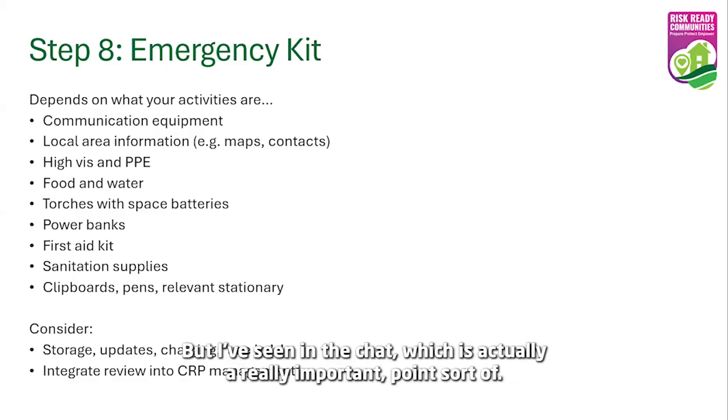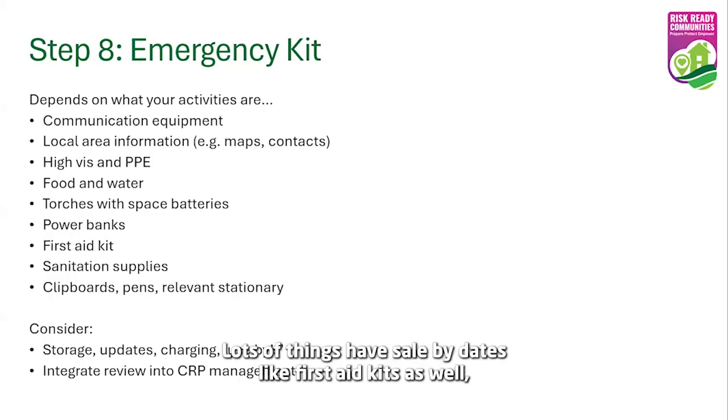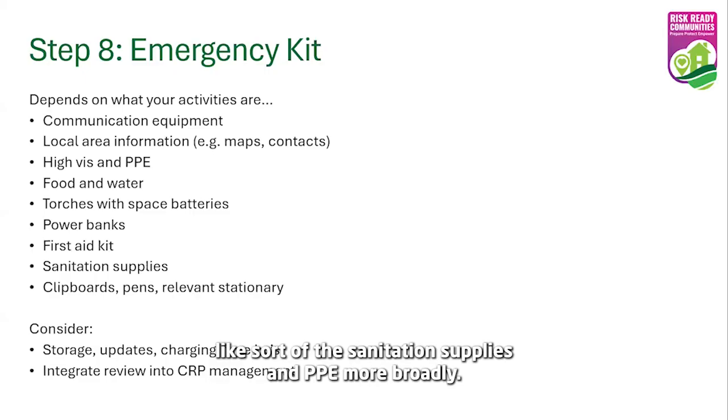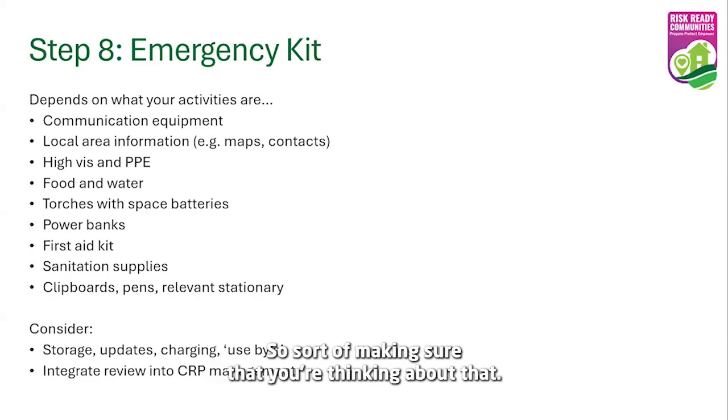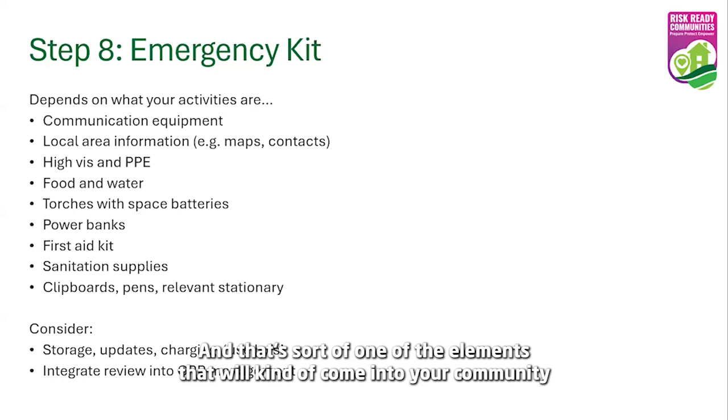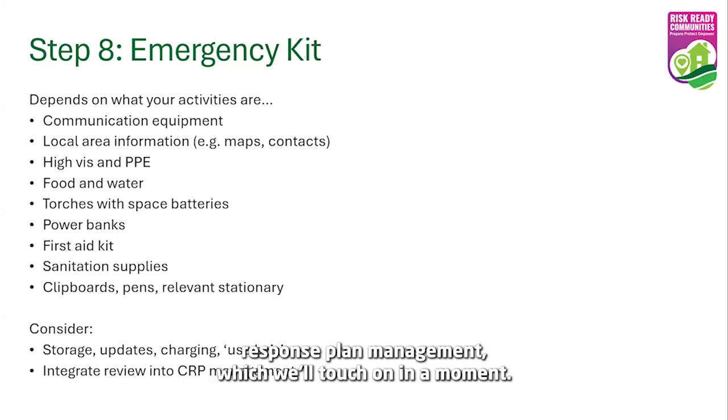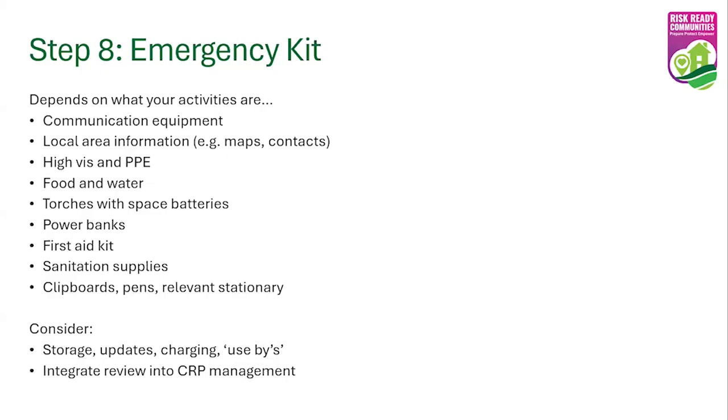I've seen in the chat, which is a really important point, lots of things have sell by dates, like first aid kits, sanitation supplies and PPE more broadly. So making sure that you're thinking about that, and that's one of the elements that will come into your community response plan management, which we'll touch on in a moment.